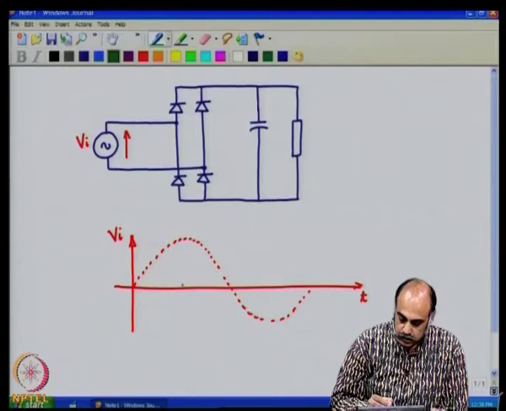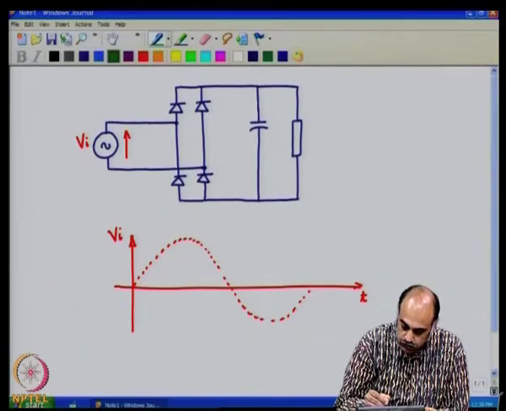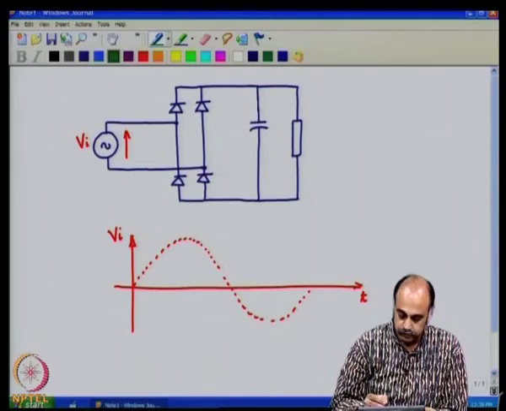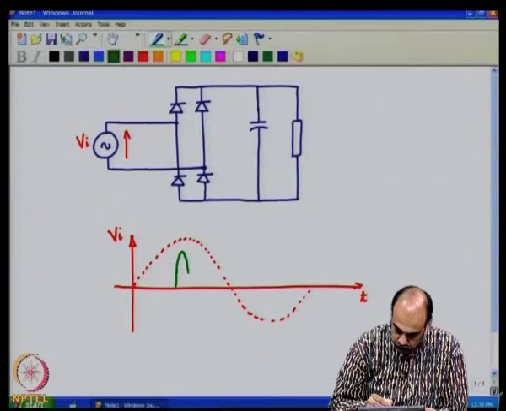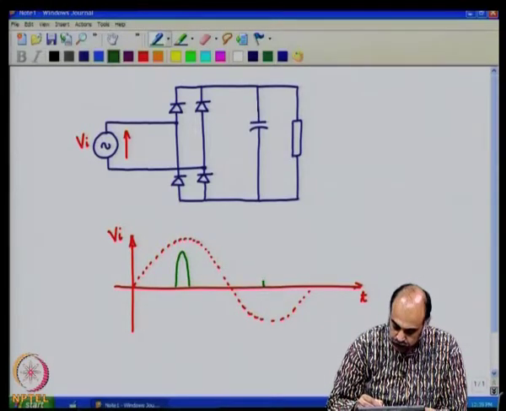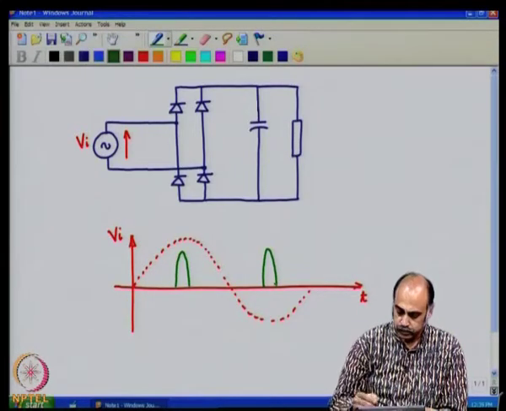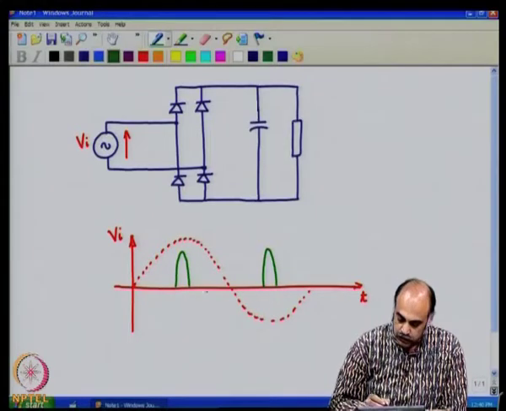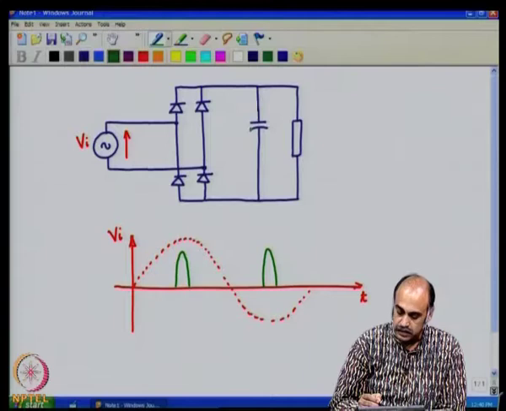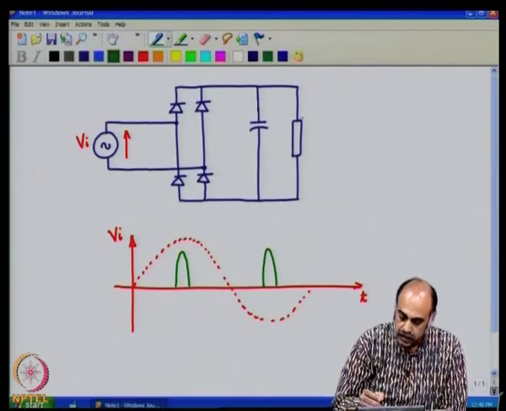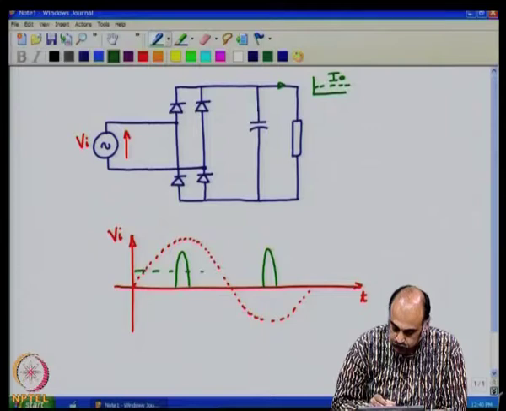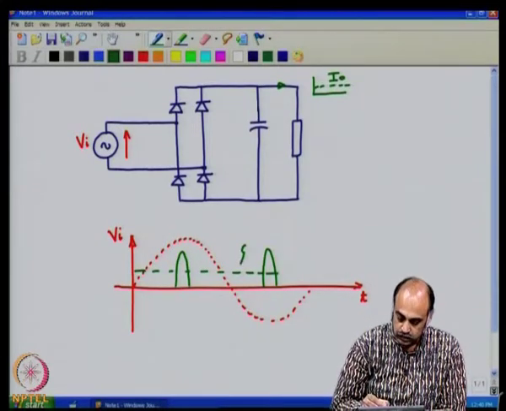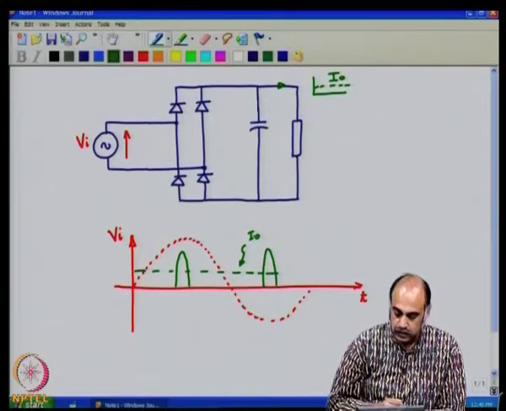Now, the current that flows through this capacitance would be of this form. Somewhere around here, you will see the peaking type of current, something of this form. This is the type of current that you would see through this capacitance, and the current through the load here would be an average of that. This is I naught, which is the average of this.